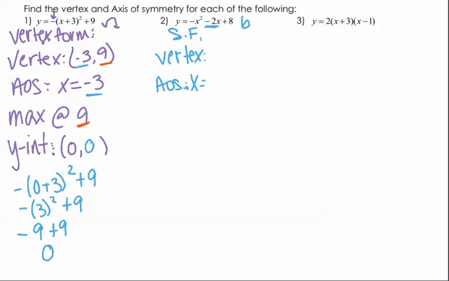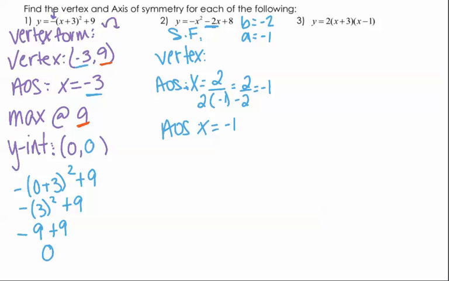So if b equals negative 2, then negative b is going to equal positive 2. So negative b over 2 times my a value. My a value is the coefficient of x squared, which is a negative 1. So I'm going to go ahead and simplify that. 2 divided by negative 2 equals negative 1. So my AOS officially is x equals negative 1.